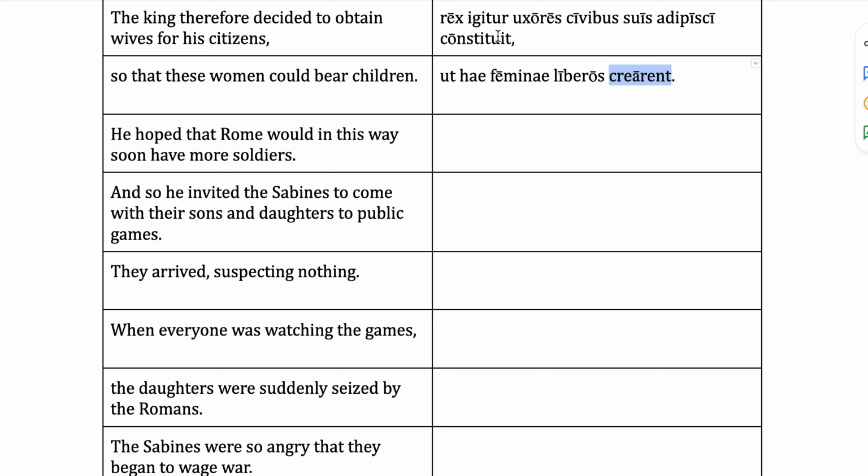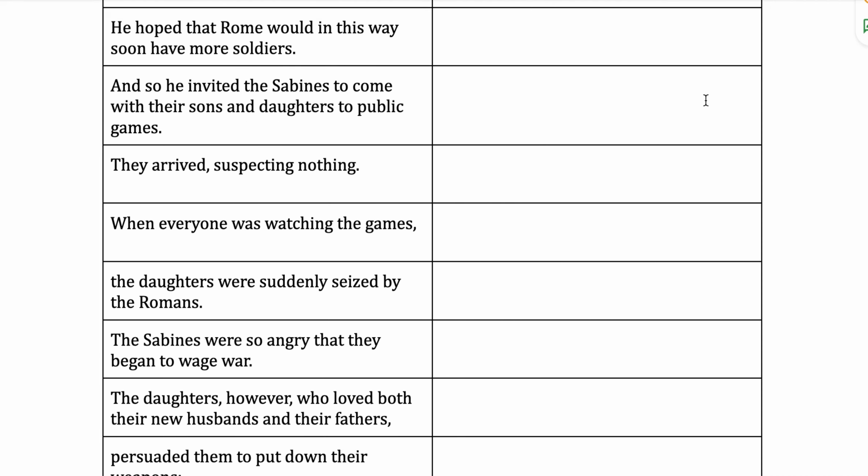So if here we had the present tense, which actually would look the same, we only know here it's perfect because we're translating from English where it's perfect, but if this had been present tense constituit, then here we would have to have creent, so we'd have to have the present subjunctive.